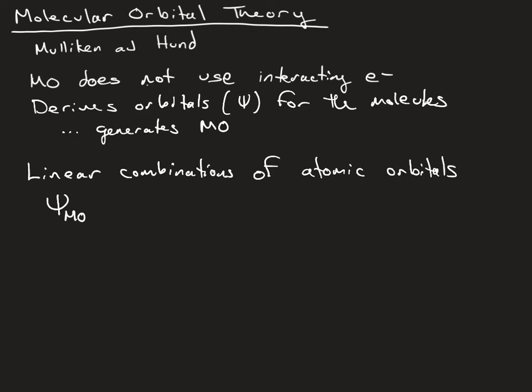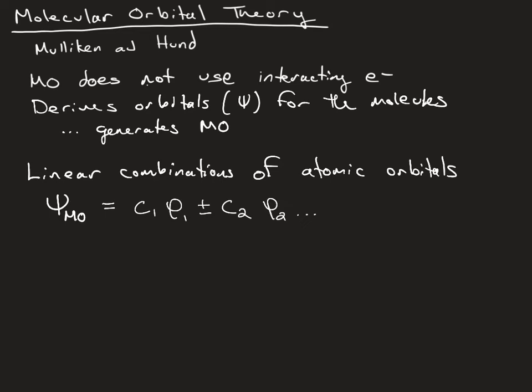So when we generate a molecular orbital, what we do is we take the individual atomic orbital wave functions for all of the atoms in the molecule and we weight them and generate linear combinations. So C1 psi1 plus or minus C2 psi2, all the way up until you've accounted for all of your atomic orbitals.